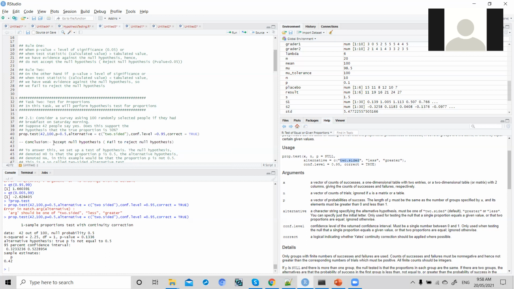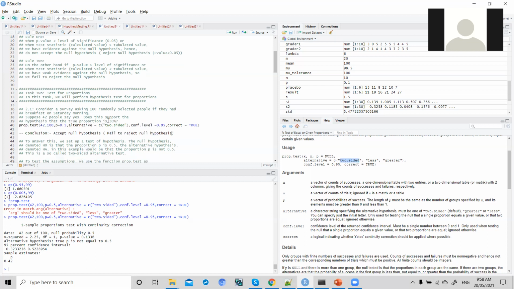Both are same. We accept null hypothesis, or we say we fail to reject null hypothesis. So what does that mean? Your proportion is 50%, so we can say that it is equal to 50%, right?